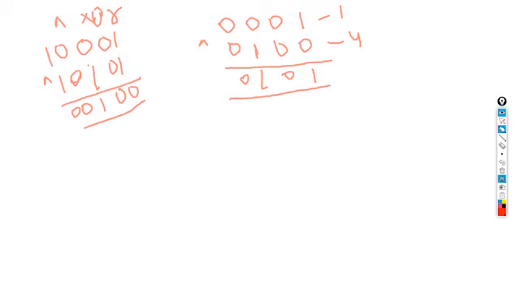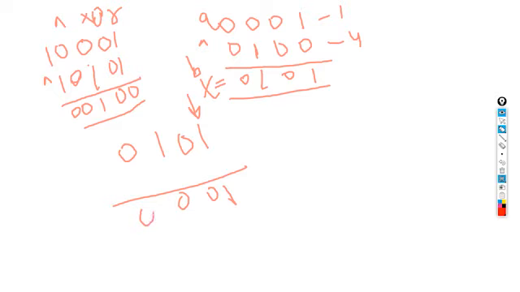Now, how do we calculate the number of set bits over here? Let's say this is a, this is b, and let's say x is equal to a XOR b. Now, we have this number 0101, and if I want to find out the set bit at this position, I want the answer to be something like 1000.